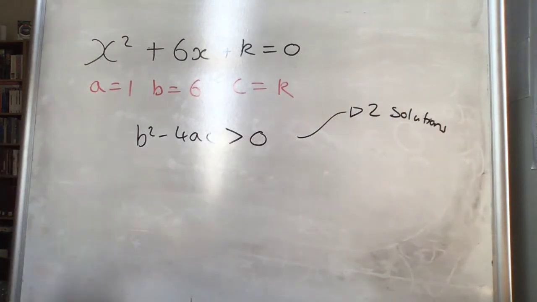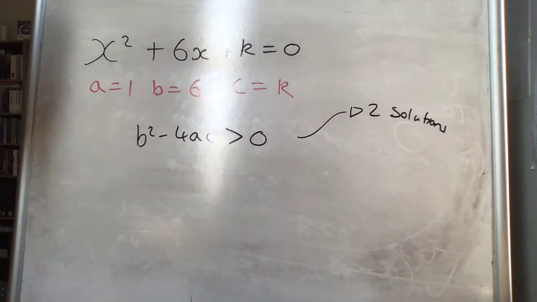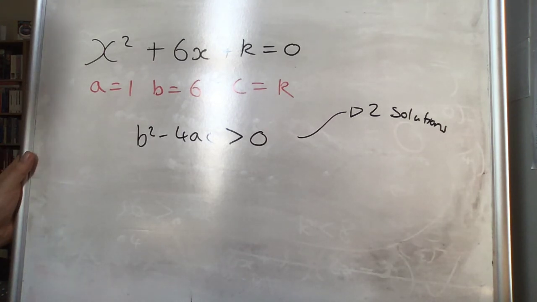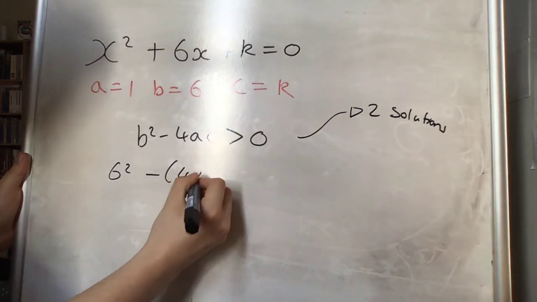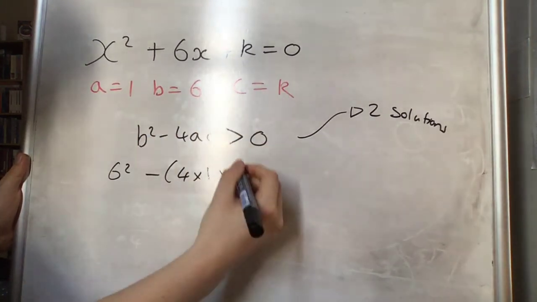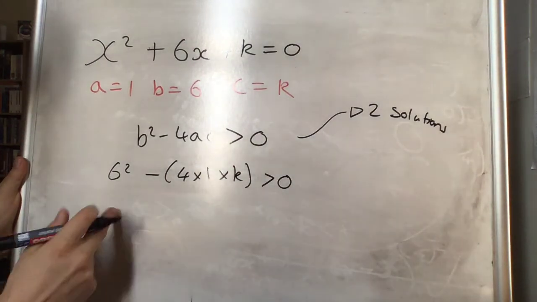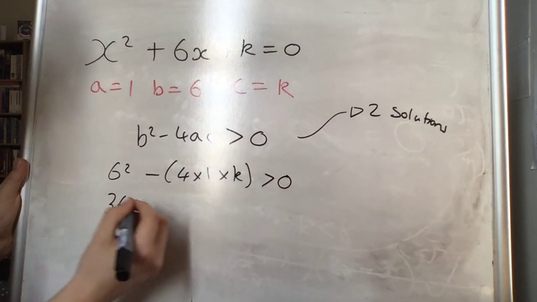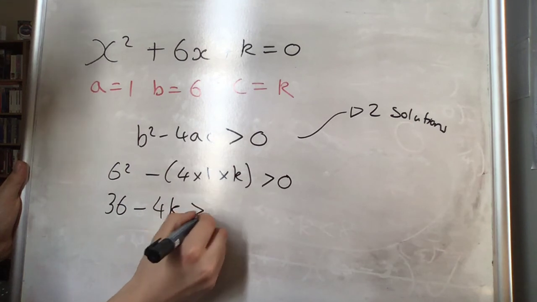So what we want to do then is to plug in these numbers into our discriminant so that we can work out the range of values for k for which we will get two solutions. So b squared is 6 squared, so we're going to have 6 squared minus 4 times 1 times k, which is greater than 0. And we can simplify that as 6 squared is equal to 36, minus 4 times 1 times k is 4k, so that gives us 36 minus 4k, and that's got to be greater than 0.